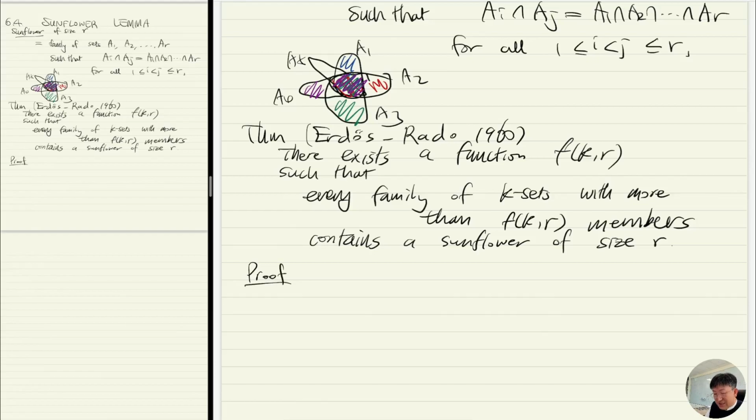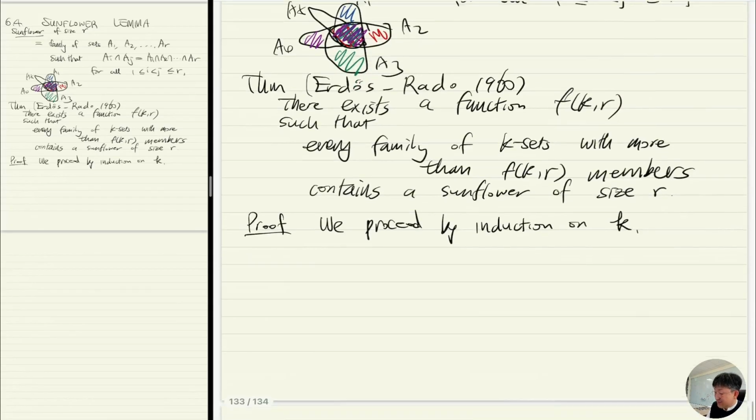And the proof is a simple induction. So we proceed by induction on k. If k is 1, what does that mean?